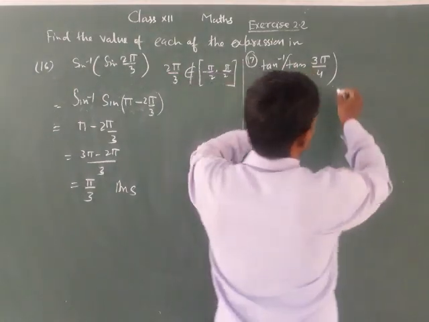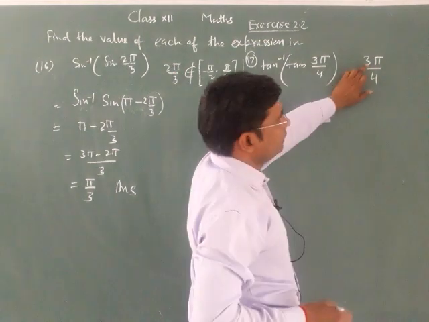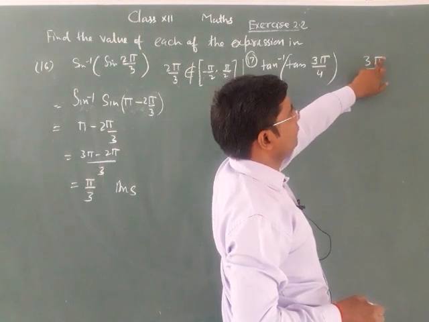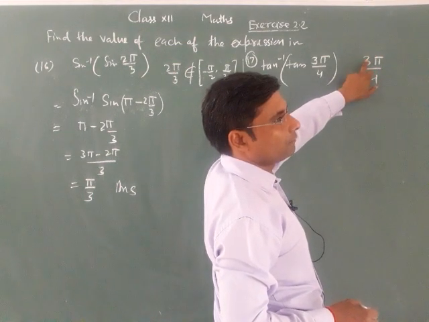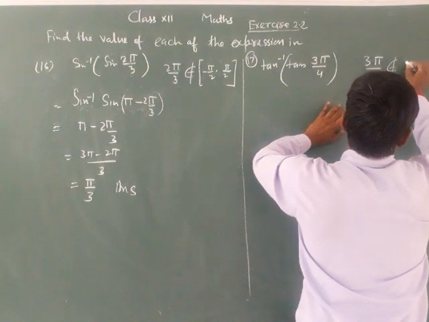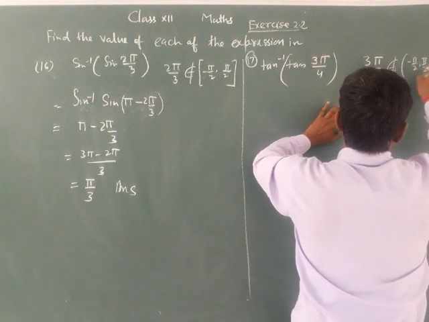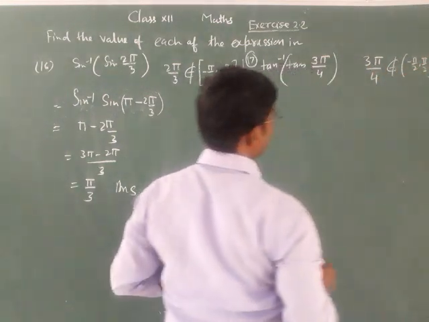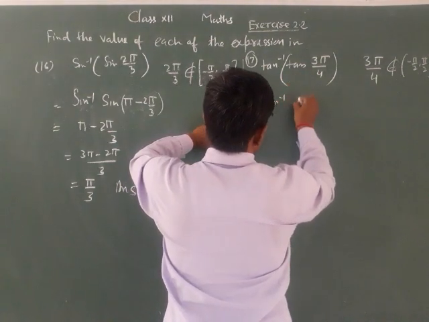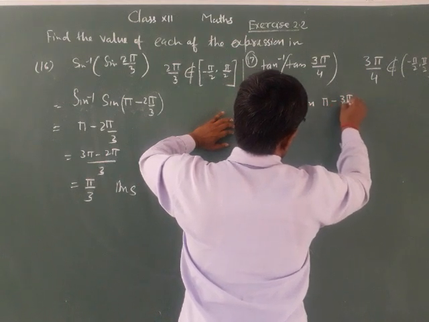And also you can find this value. So now 3 pi upon 4, 3 into pi 180 divided by 4 gets 45 and multiply by 3, 135, does not belong to minus pi by 2. So this is not valid in this. So now change this, tan inverse tan pi minus 3 pi by 4.